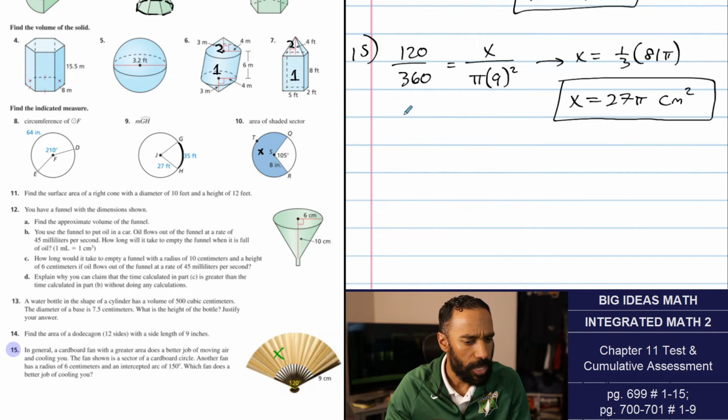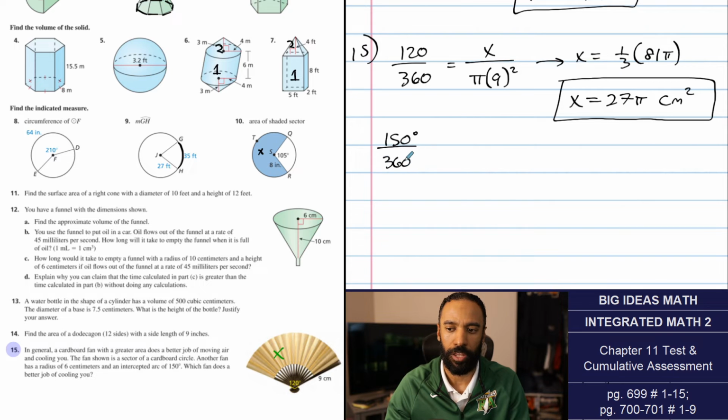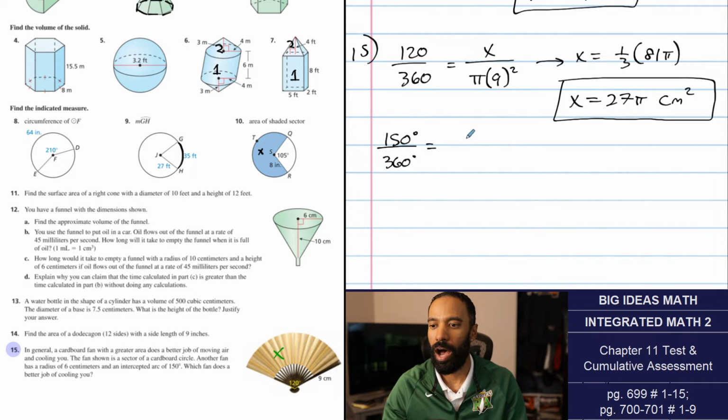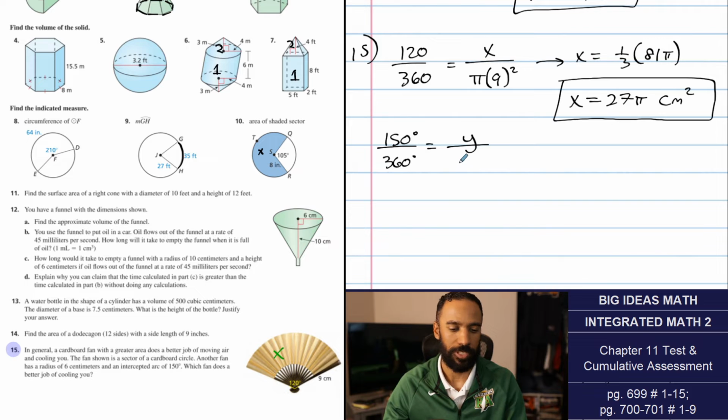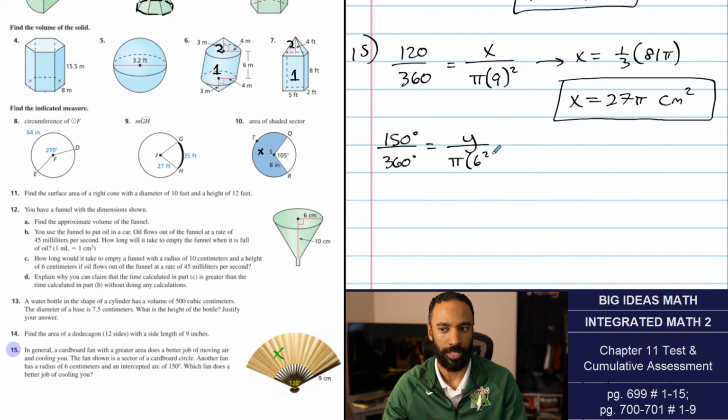Okay, so we'll use the other one, 150 degree. Maybe not as pretty of a number. 150 out of 360 is the same as Y out of this 6 centimeter radius. I'm going to guess this one's going to work more. That 9 squared is really going to take its toll. Anyway, let's figure out what this is.